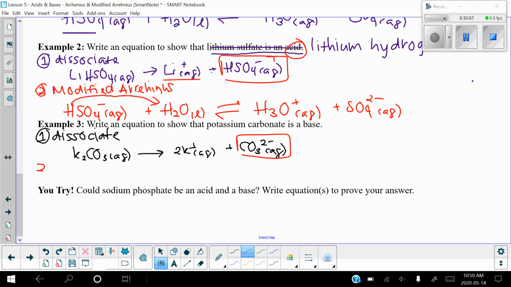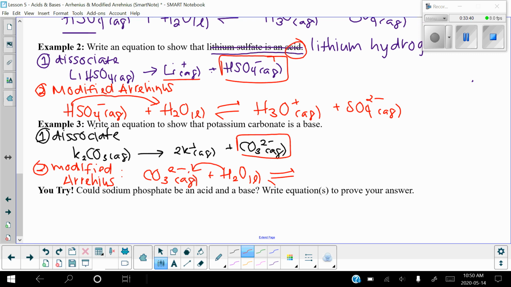Step 2 is modified Arrhenius. So I'm going to take my carbonate ion CO3 2 minus aqueous, react it with water, equilibrium arrows because they can go back and forth. And in this case, we are going to steal a hydrogen.